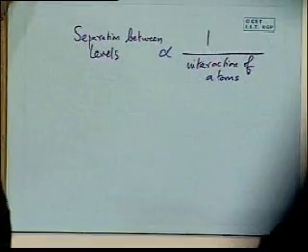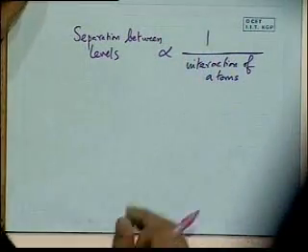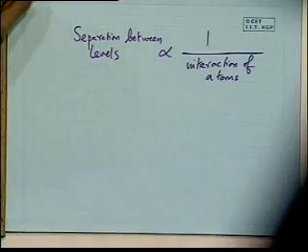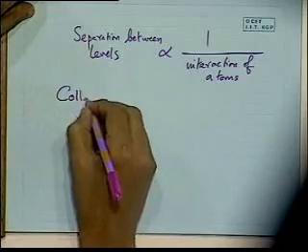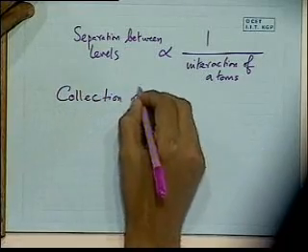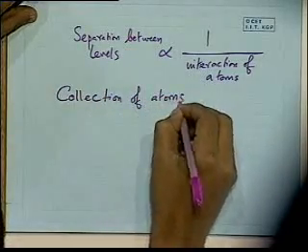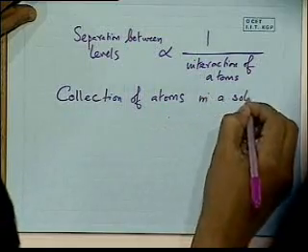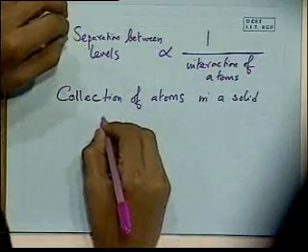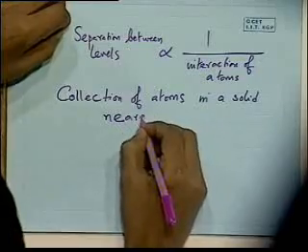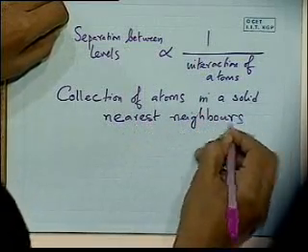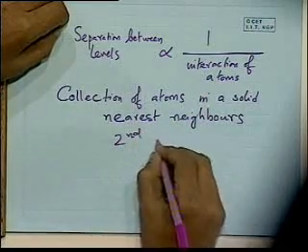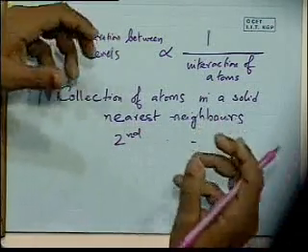Now what we want to do is take this idea, which is simply looking at that E versus separation curve, and look at a collection of atoms in a solid. We'll focus on nearest neighbors, second nearest, and so on, and see what kind of split between the levels we get when we consider a particular set of atoms.